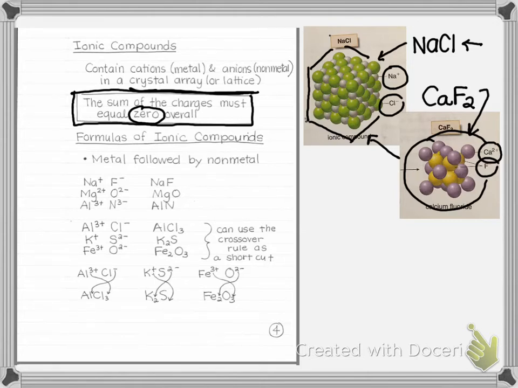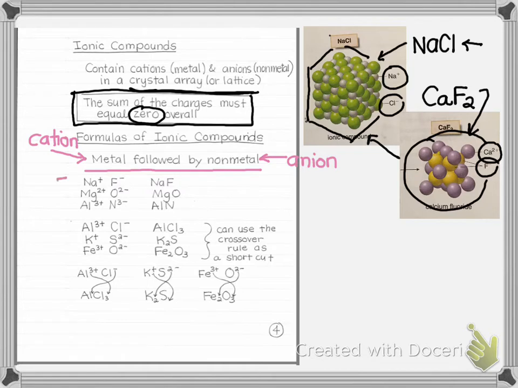So when I'm thinking about writing a formula, which is something you have to do quite often in ionic compounds, one of the first things that I need to let you know is that it's always going to have the metal written first, followed by the nonmetal. So the metal is a cation, a positive ion, and the nonmetal would be the anion. So it's always the positive ion followed by the negative ion.